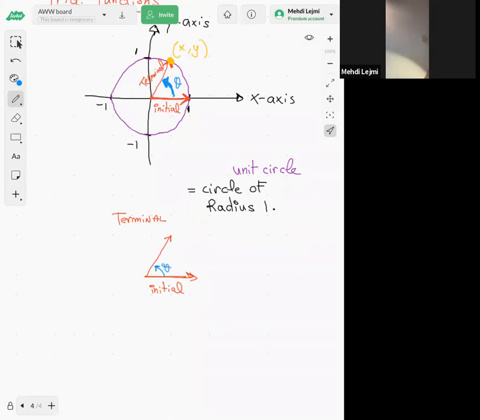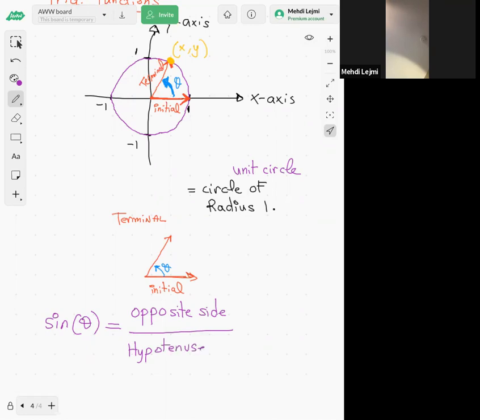All right. Now, what's the definition of the sine? Sine of the angle theta. This is not sine times theta. This is sine of the angle theta, right? By definition, sine of theta is the opposite side over the hypotenuse.